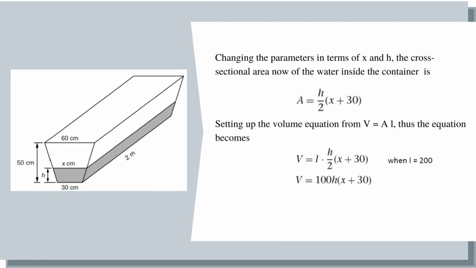So now, to find the volume equation of the water inside the container, we need to change the parameters in terms of x and h. Therefore, the cross-sectional area of the water inside the container is defined by this equation: area equals h over 2 times the quantity x plus 30.